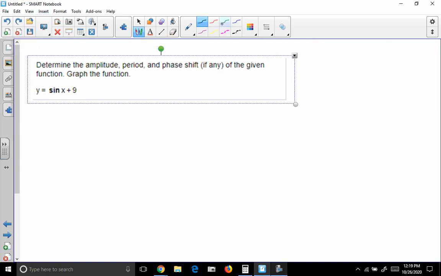So most of our sine and cosine waves are not just going to be y equals sine or y equals cosine. So the generic form is y equals a sine(bx minus c) plus d. A is the amplitude.